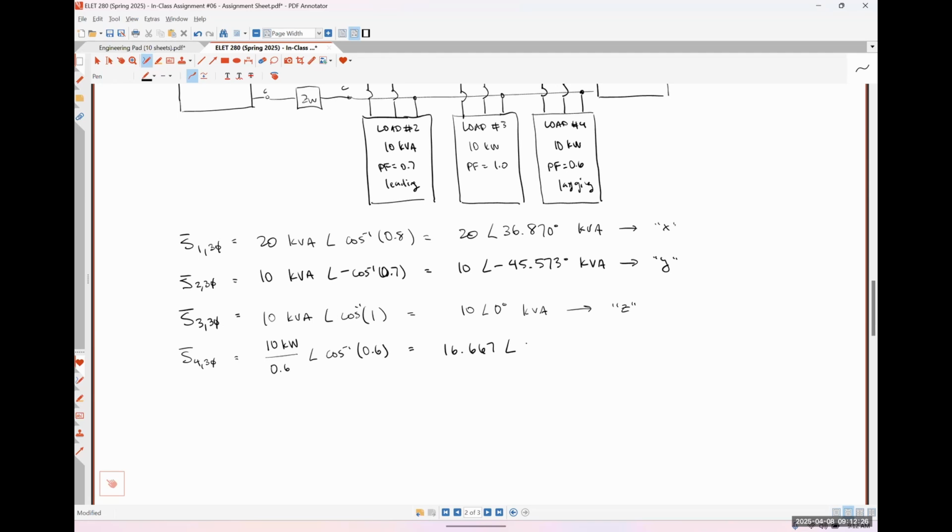I didn't do inverse cosine. There we go. 16.667 with an angle of 53.130 degrees kilovolt amperes, which I am storing in my calculator as T.